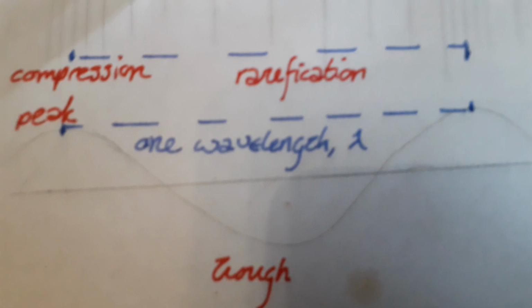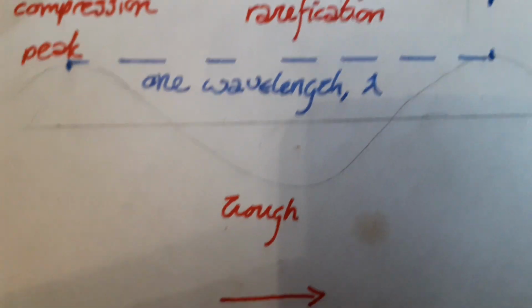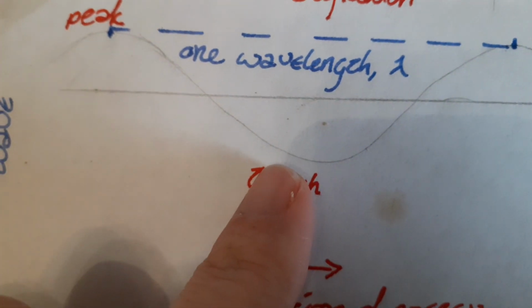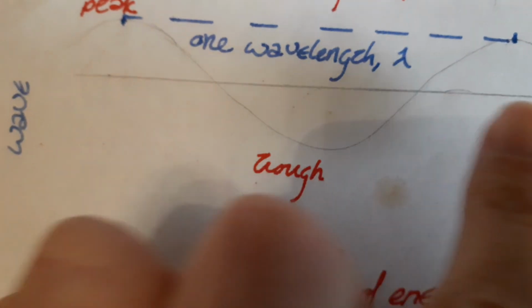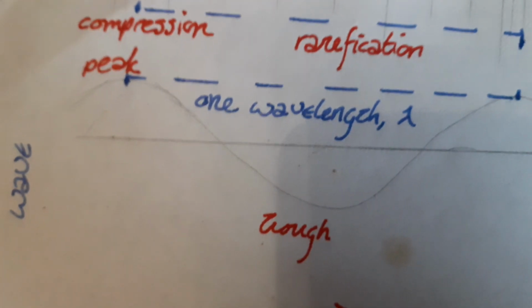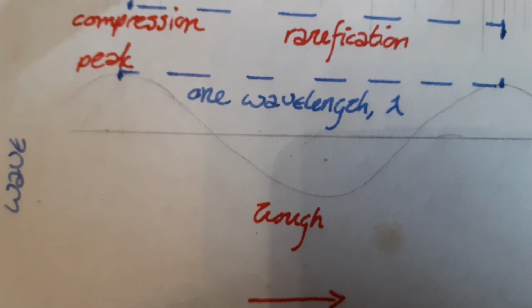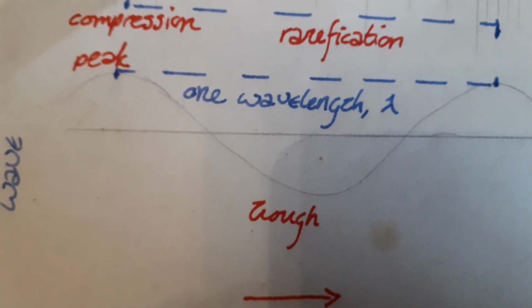So let's go in on this a little bit and refocus. We can see we've got peaks and troughs. One wavelength is from one peak to the next. And these are the sorts of waves that you see everywhere else. These are the waves on the ocean.